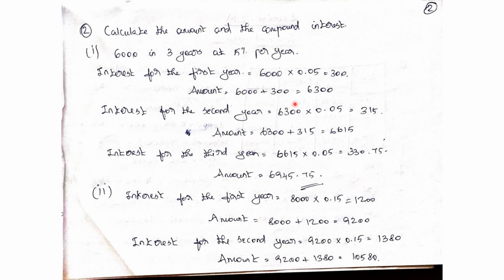So 6,000 plus 300, 6,300. Again, for the interest for the second year, we have to take 6,300 as the principal amount into 0.05. So 315. This will get added to this principal amount, 6,300. We'll get 6,615.